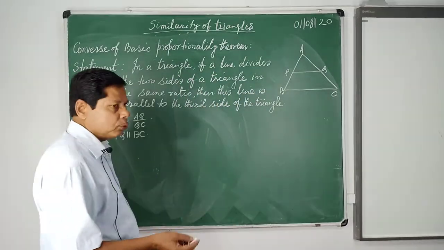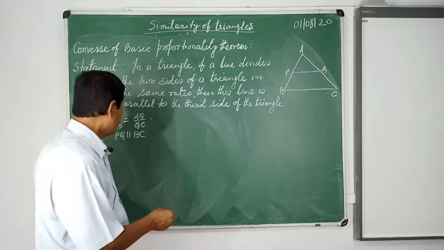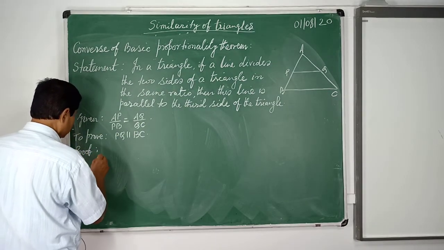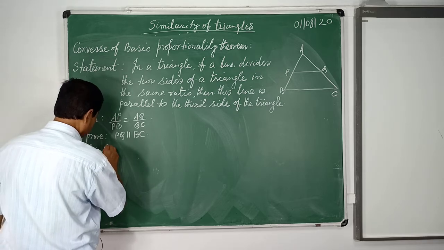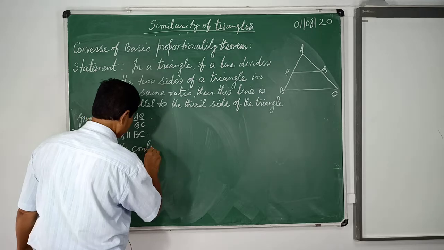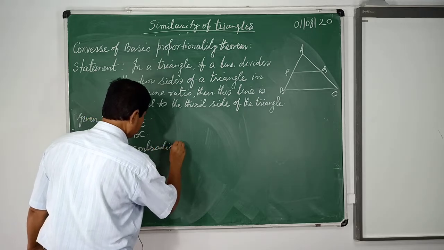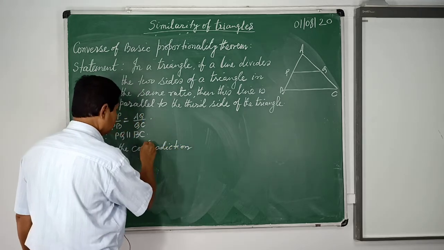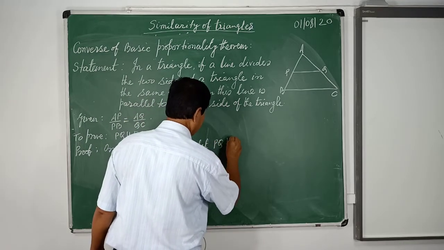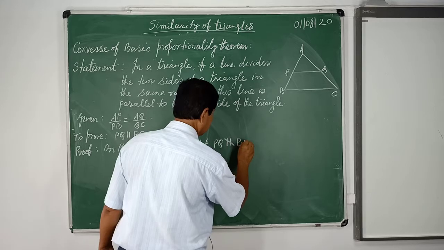Now we shall use the method of contradiction here. Proof is, on the contradiction, let PQ is not parallel to BC.